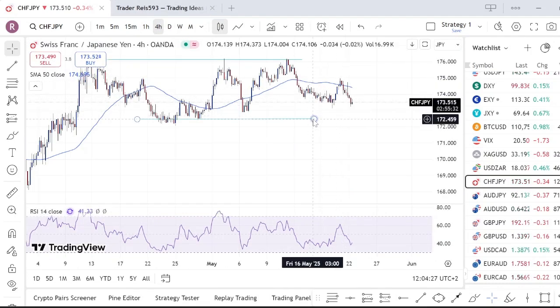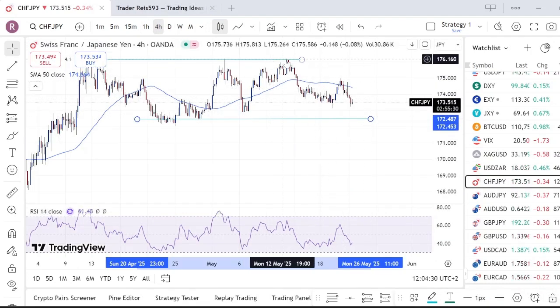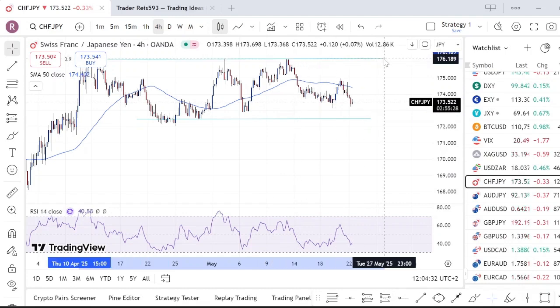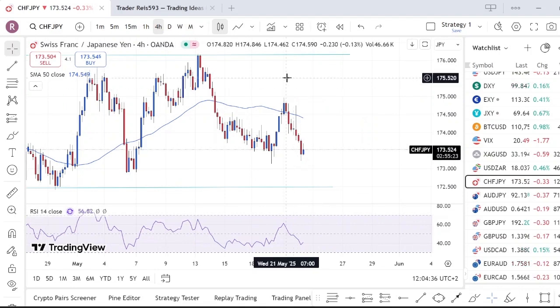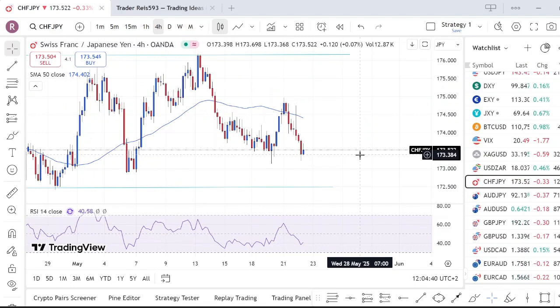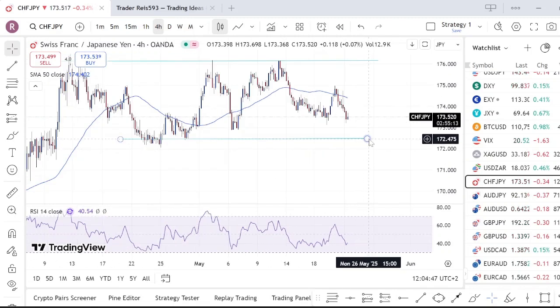CHF/JPY, very much moving in a broad range consolidation, but its pivot points aren't exactly hitting the resistance levels at the moment. From what we can observe, we are moving bearish at the moment. We do have a support level at 173.384. However, this market is just doing some wavy things.